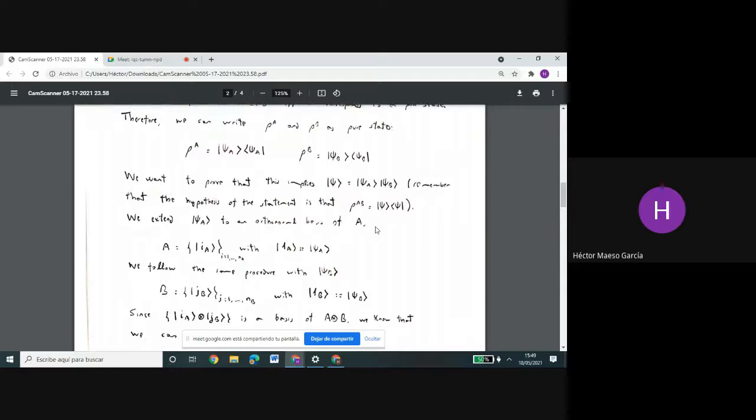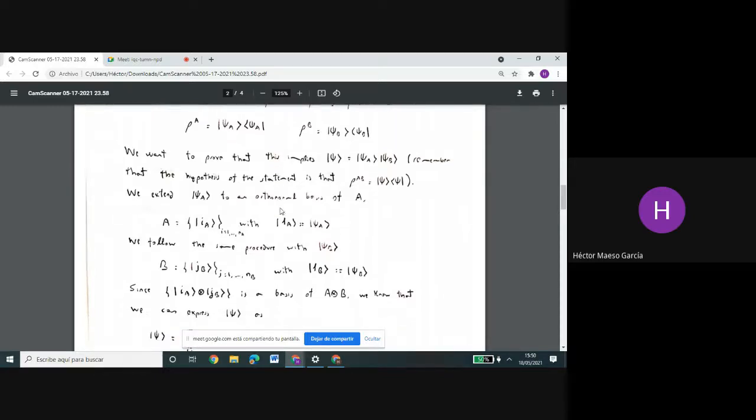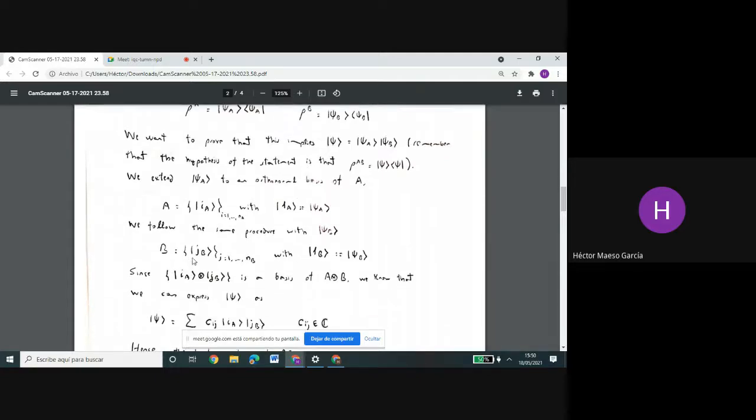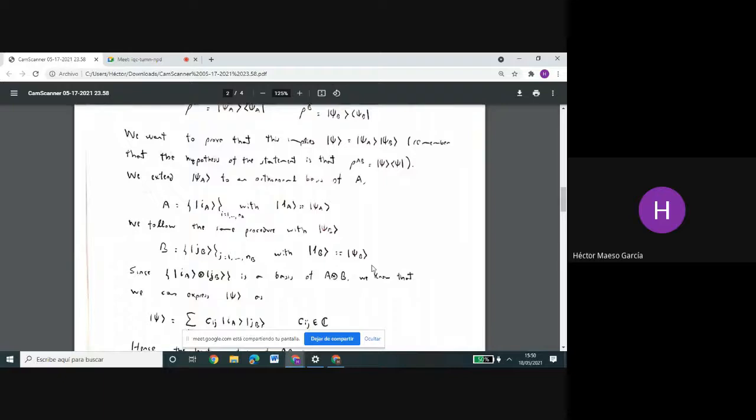And how do we do that? We take these vectors CA and CB and extend them to an orthonormal basis of each of the spaces. And this is what we do here, with 1A is CA and 1B is CB, because we are extending the basis.